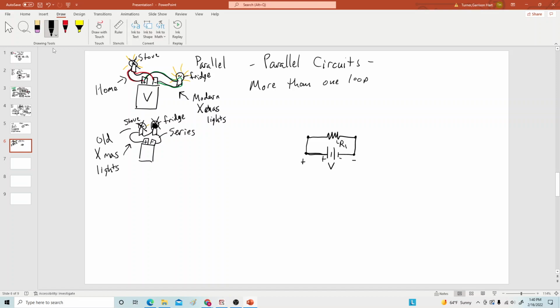And so if I put wires here and then build my second resistor like this, this is equivalent to hooking both resistors directly to the terminals. So this is one of the basic ways we denote parallel circuits schematically.